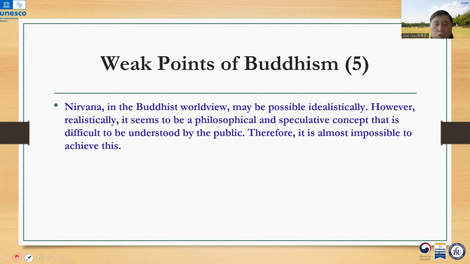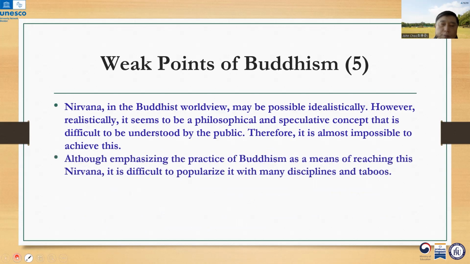Nirvana in the Buddhist worldview may be possible idealistically. However, realistically, it seems to be a philosophical and speculative concept that is very difficult to be understood by the public. Therefore, it is almost impossible to achieve this.